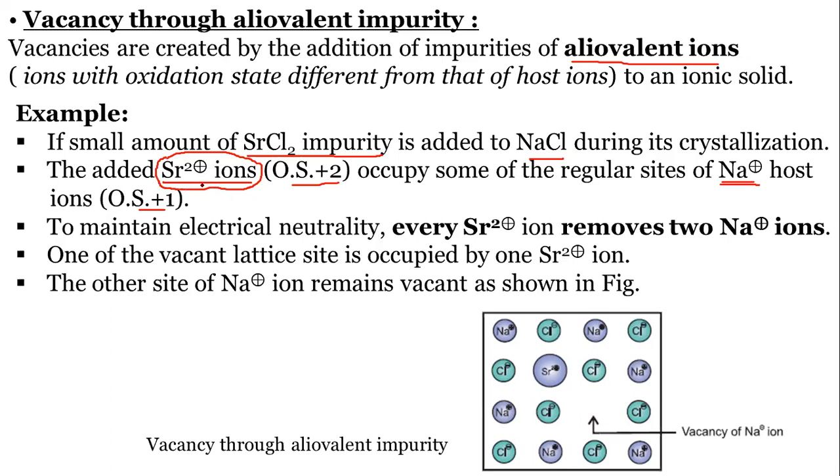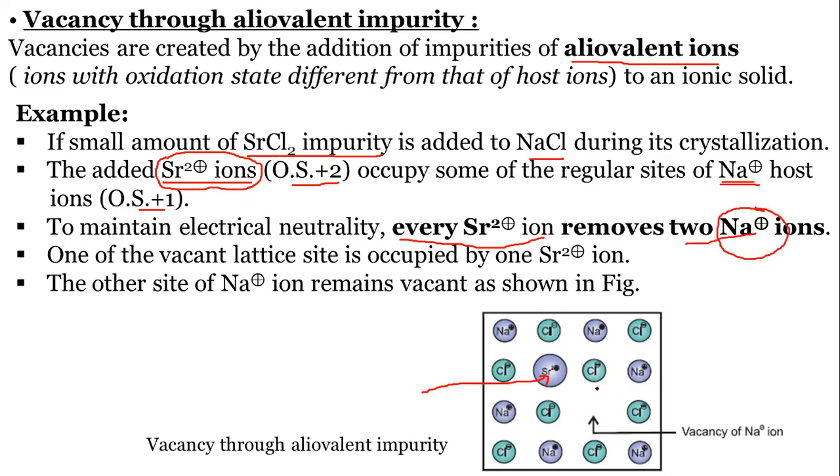So what will happen? To maintain electrical neutrality, every Sr2+ ion removes two Na+ ions. So if one Sr2+ is added, two Na+ ions are removed.